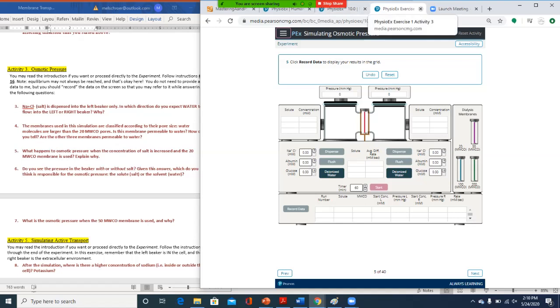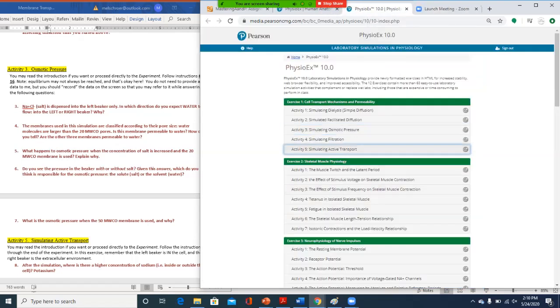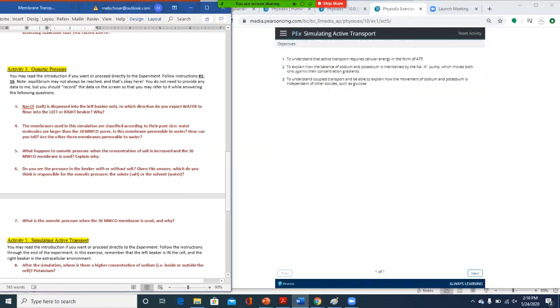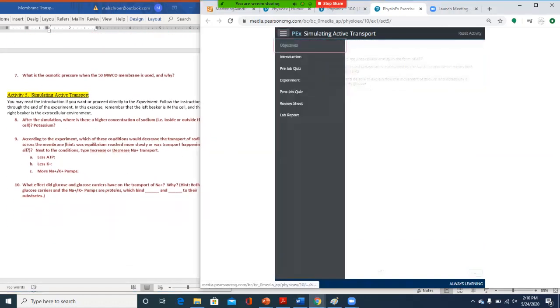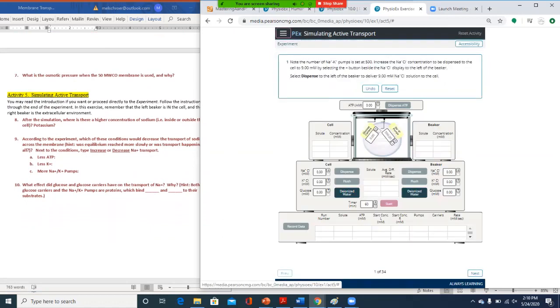Finally, you are going to be looking at active transport. Again, you don't have to answer any of the questions or do the pre-lab, none of that stuff. Just go right to the experiment. Keep in mind that for this particular experiment, you are looking at what is happening inside the cell versus what is happening in the extracellular environment.